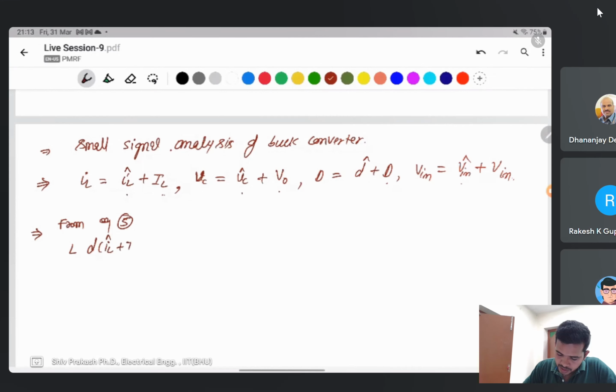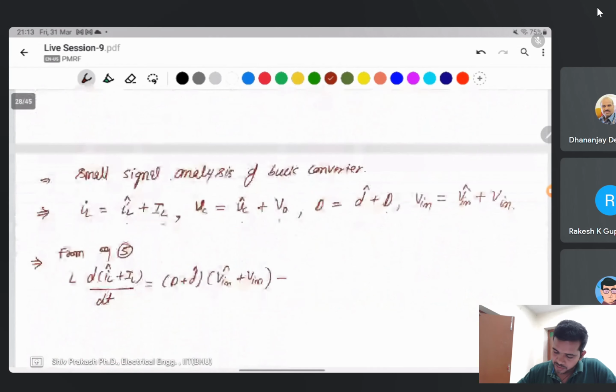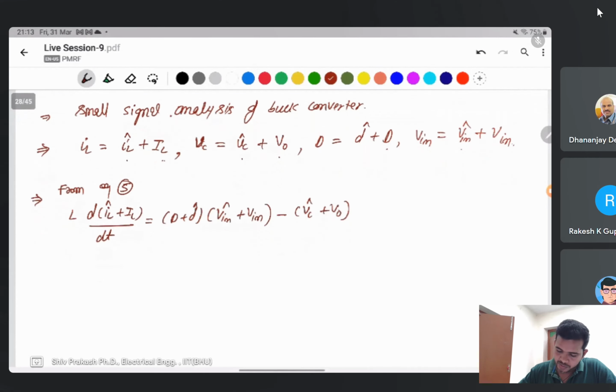L d(IL cap plus IL) by dt is equal to (D plus d cap)(V in cap plus V in) minus V naught, where V naught is equal to VC cap plus V output.